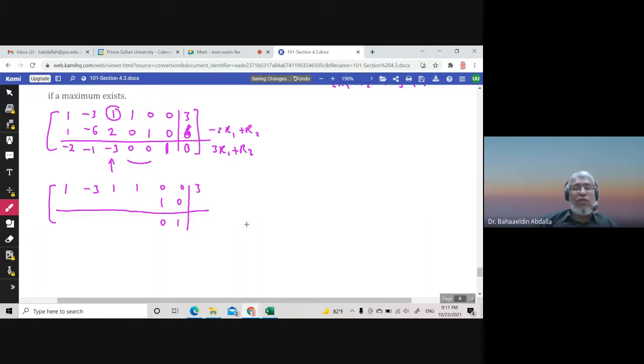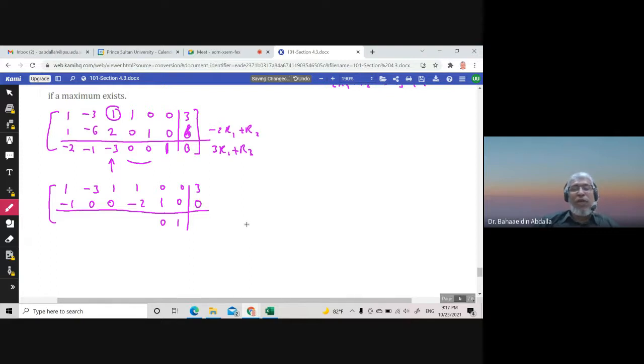So negative 2 plus 1, negative 1. Negative 2 times negative 3 is 6 minus 6, that's 0. Negative 2 plus 2, that's 0. Negative 2, negative 6 plus 6, that's 0.